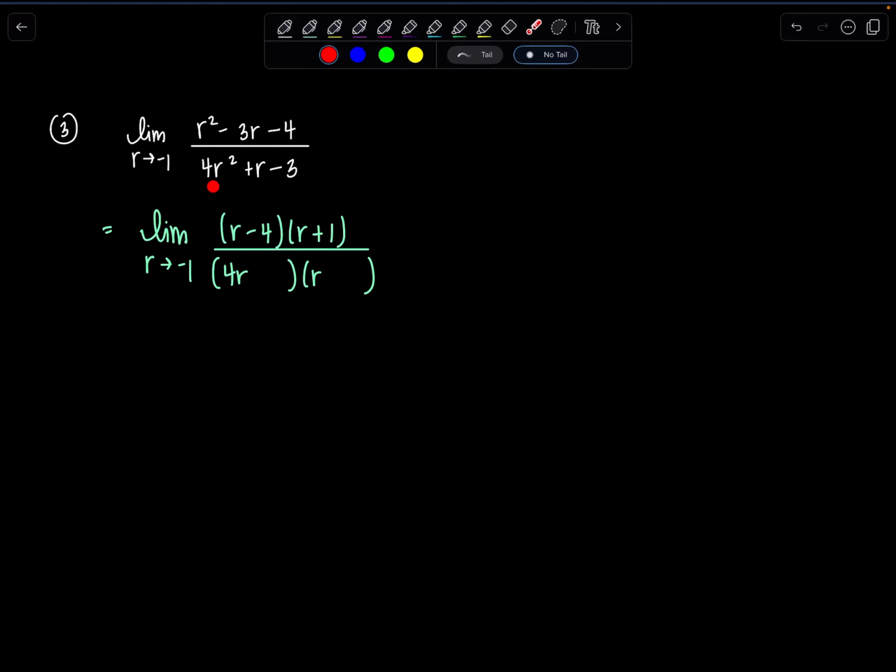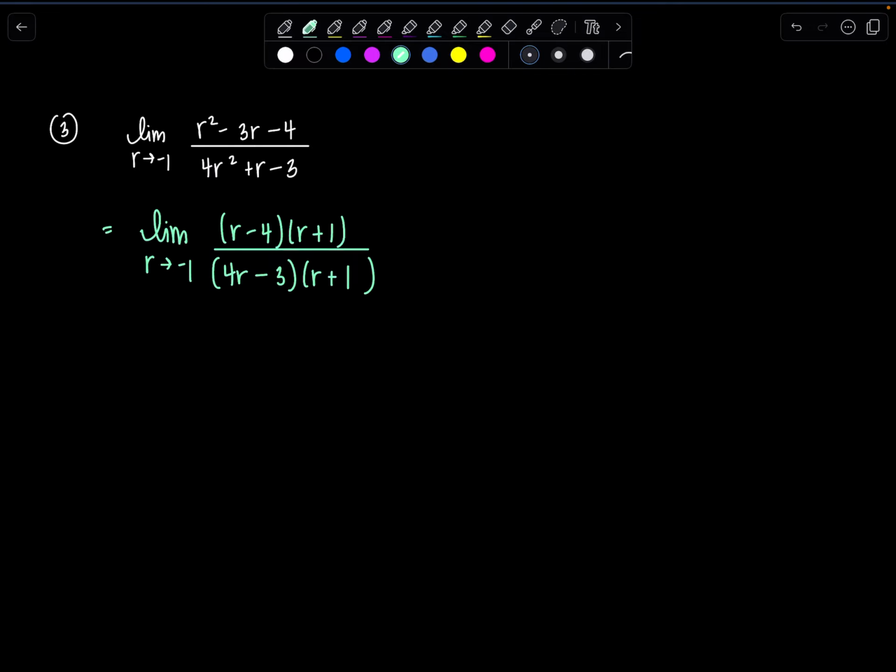Why didn't I do 2 and 2? Because this is a 4 and this is a 3. Since this is only a 1, I had a feeling like the 4 and the 3 were going to come into play. So 4r and r, and then if I put the 3 here and the 1 here, that's going to give me 4r, 3r. Yep, as long as this one's negative and this one's positive, we should be good to go.